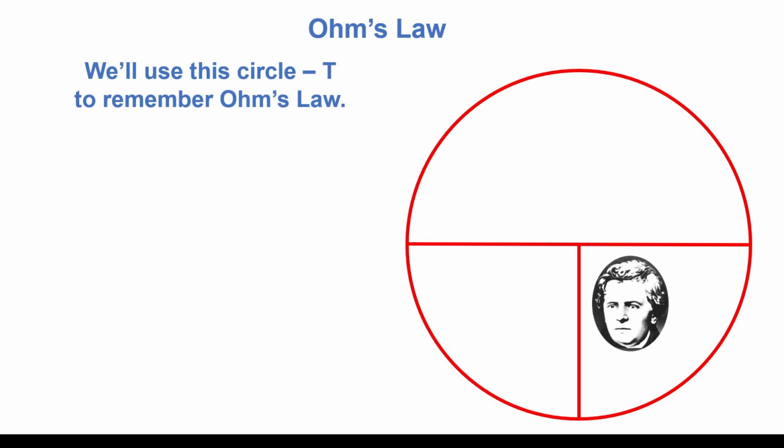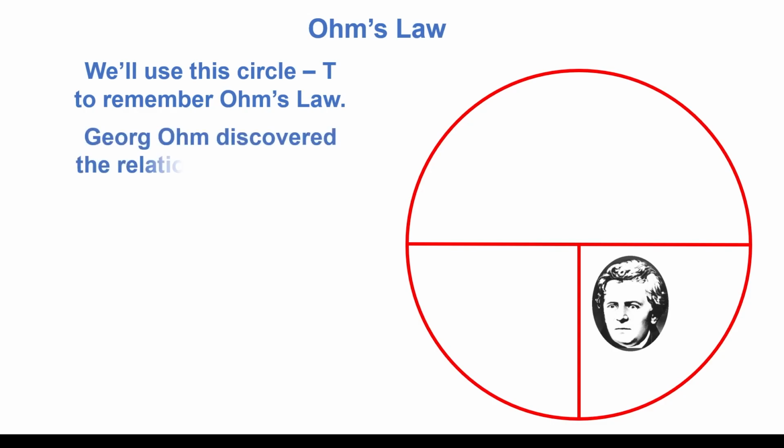First of all, we remember Georg Ohm, or George Ohm, was instrumental in finding the relationship between resistance, voltage, or electromotive pressure, and amps, the flow of electrons through wires.